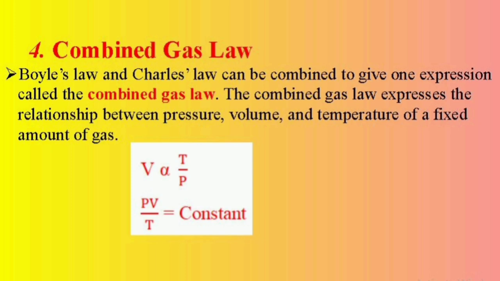This relationship between volume, temperature, and pressure leads us to the expression that the product of pressure and volume divided by temperature is always constant for a fixed amount of gas.